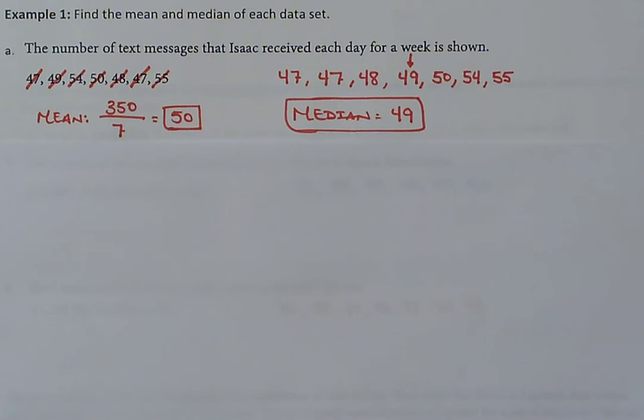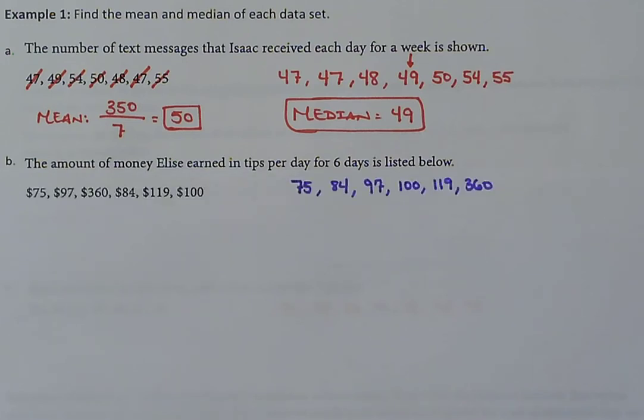So let's go ahead and take a look at example 1, part B, to practice this again. For example 1, part B, we have the amount of money Elise earned on tips per day for 6 days is listed below. Now, I have already gone through and taken that data set and put it in order just to save us some time.